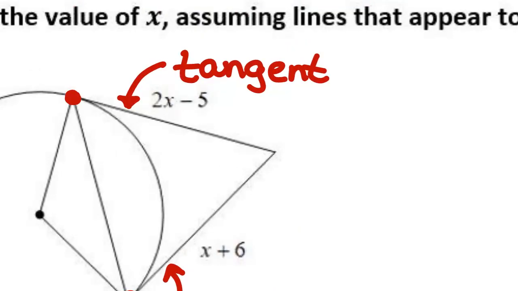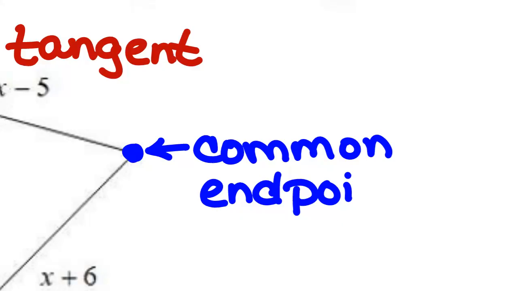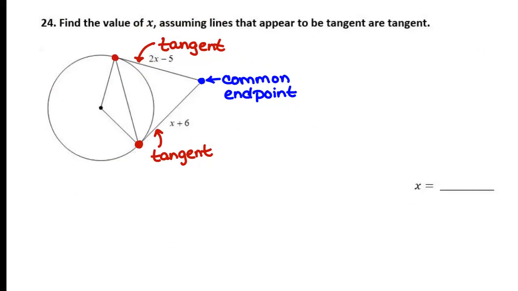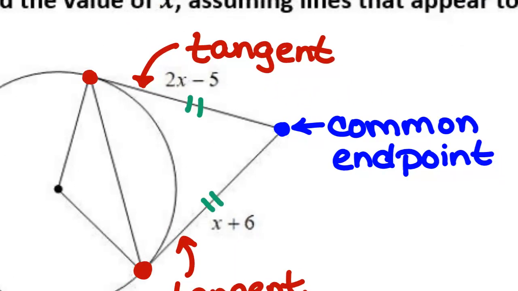And those two tangents come together and touch each other right here at this common endpoint. When we have two tangents, they are congruent. Yes, when they have a common endpoint and they're both tangent, they are congruent.